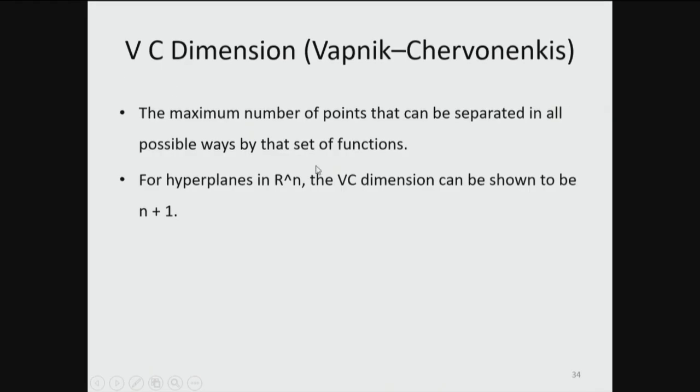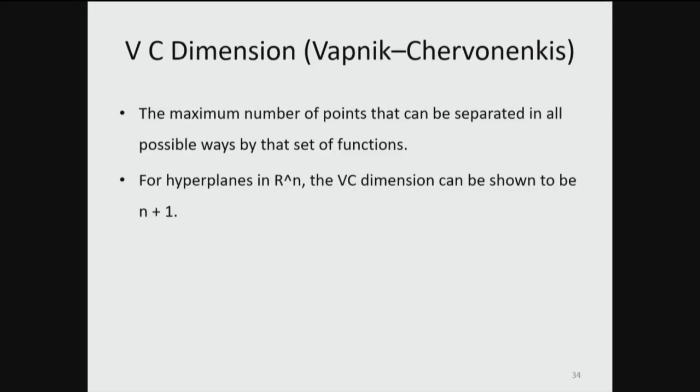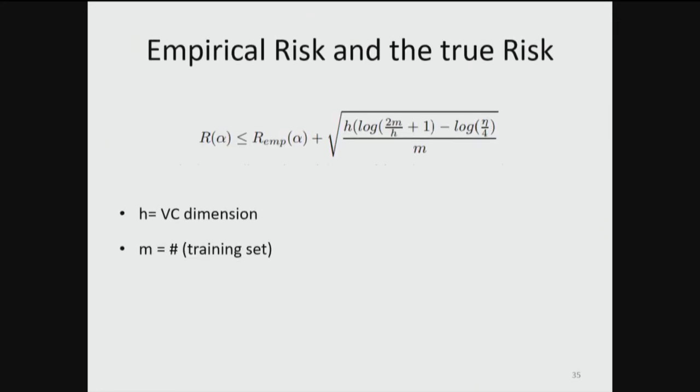Now we have the idea of VC dimension. VC dimension is the maximum number of points that can be separated in all possible ways by a set of functions. And for Rn, the VC dimension for hyperplanes is proved to be n plus 1. Then the question: what is the significance of this VC dimension? We noticed earlier that there is an empirical risk and the true risk.